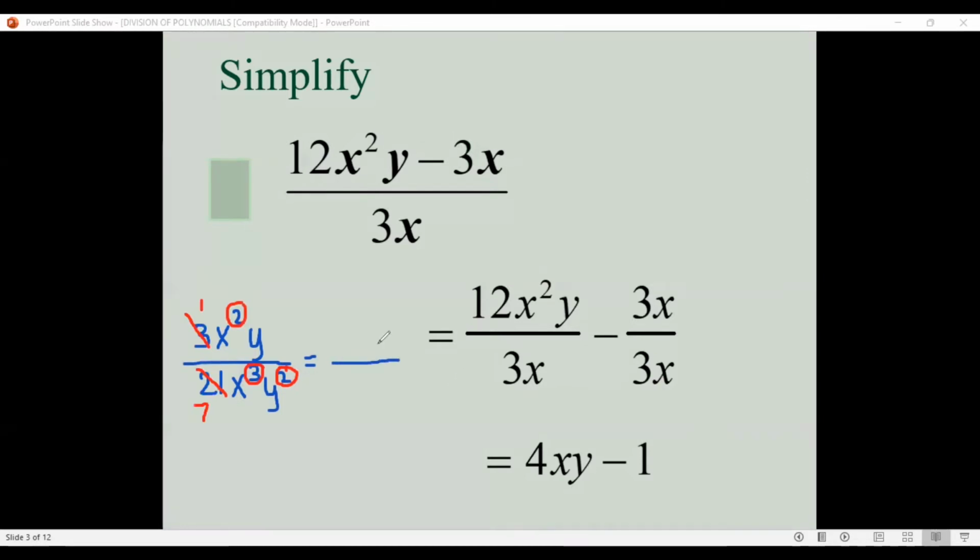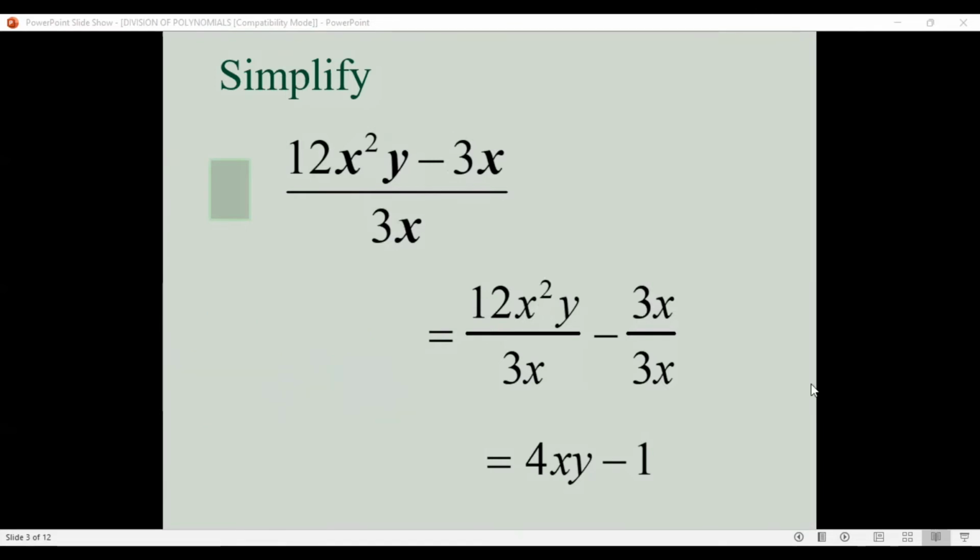We will simply have 1 in the numerator, and what we have in the denominator is 7, and then subtracting now 3 and 2, that becomes x raised to 1, or simply x, and y raised to 2, and of course this is understood to have 1 as an exponent. That will now become xy. So the answer that we have here is simply 1 over 7xy. So that is how we deal with division of polynomials by monomials.